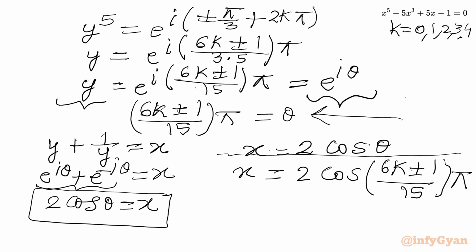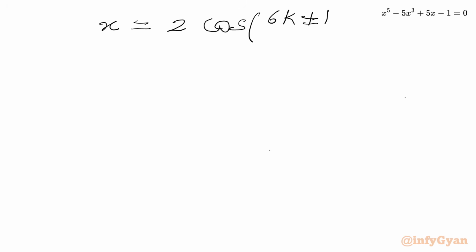Now we have to plug in a few values of k to get all 5 roots of our equation. Let me write here x equal to 2 cosine in bracket (6k plus minus 1) over 15 times pi.